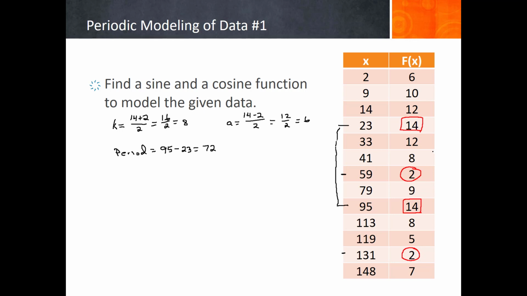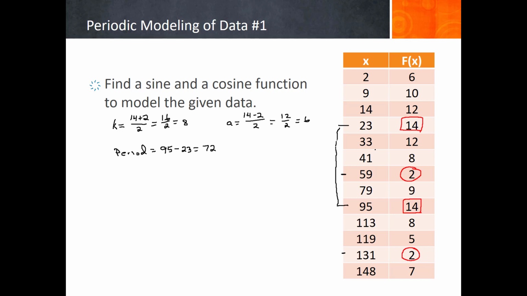And you could also go from a maximum to a minimum, so from 23 to 59. That may not come out to 72 right now because I'm not computing it at the moment, but we're not always going to see a nice uniform value.